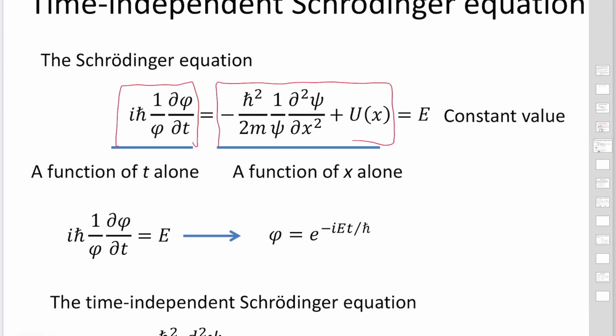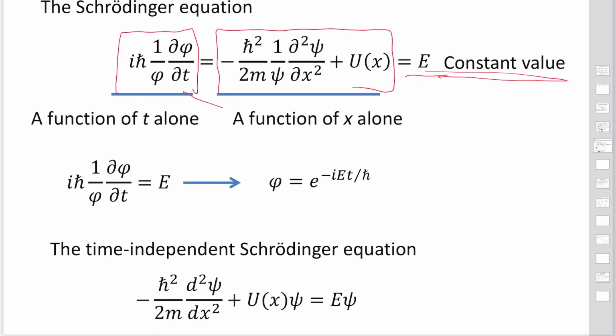So each term could change separately. So to satisfy this equation, the only possible way is that each term has to be a constant value. So from the single equation, we have two equations.